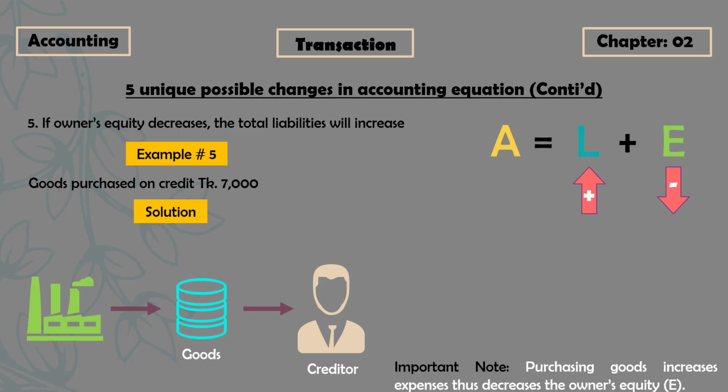So we can see the important note: purchasing goods increases expenses and thus decreases the owner's equity. Every expense decreases owner's equity. You have to remember that, otherwise you will not be able to solve the mathematical problem. So by this transaction liabilities increase by 7,000 and therefore equity decreases by 7,000, or vice versa, that is equity decreases by 7,000 and that's why liability increases by 7,000.